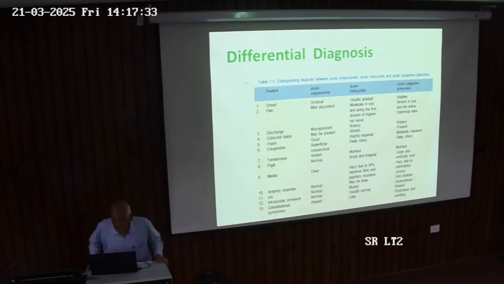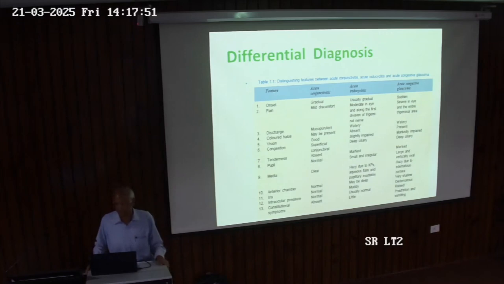First, you ask whether mucopurulent or purulent discharge is there or not. If the patient says yes, too much discharge is there, my eyes are sticky, this is going towards acute conjunctivitis.